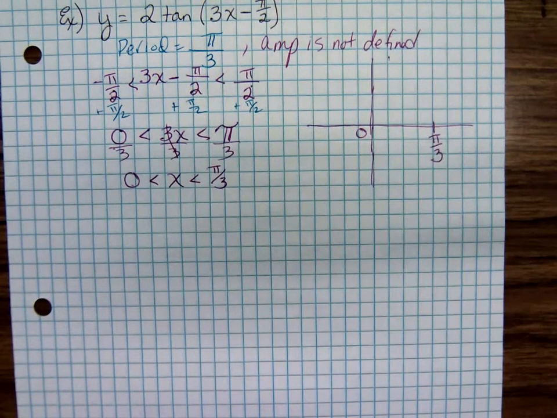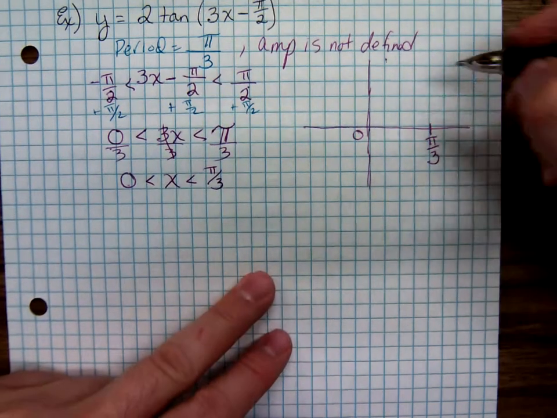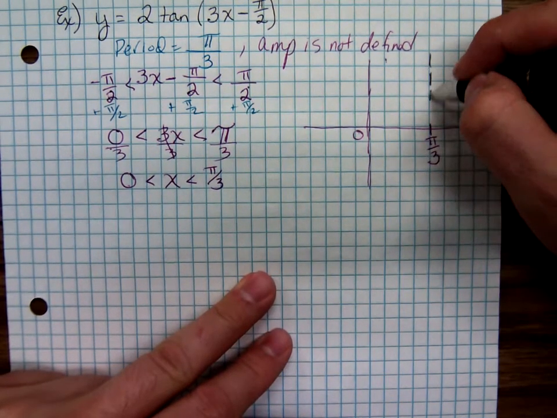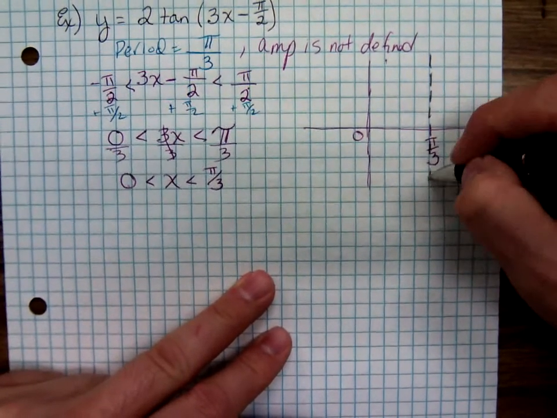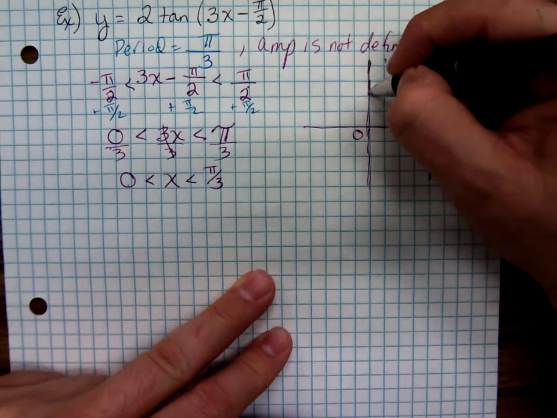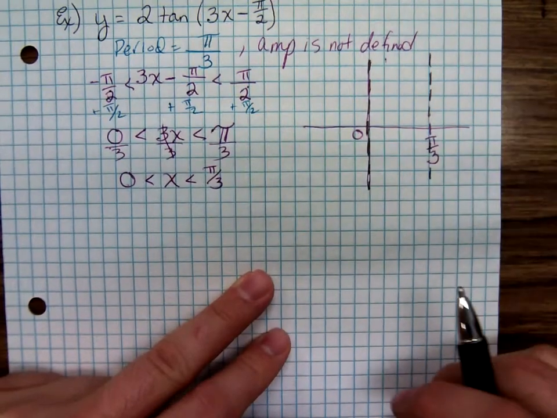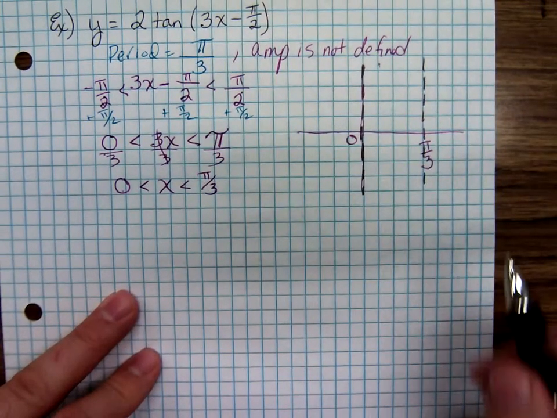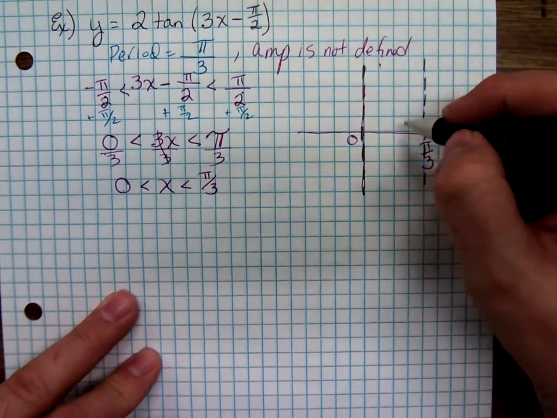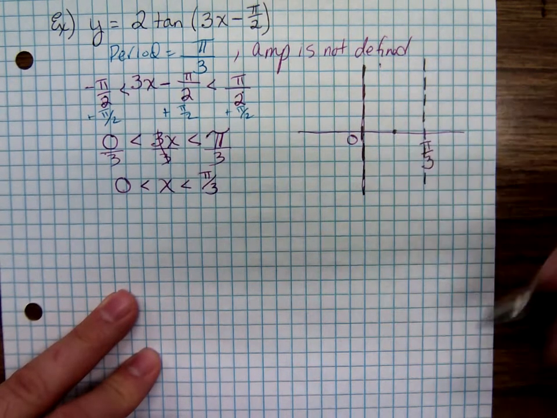And let me see. I'll use black to draw the little vertical asymptotes. Like that. And midway between those asymptotes, it's going to be crossing the x-axis.